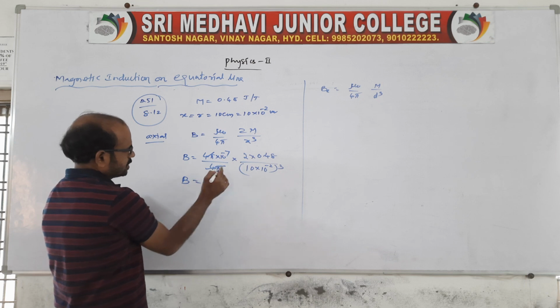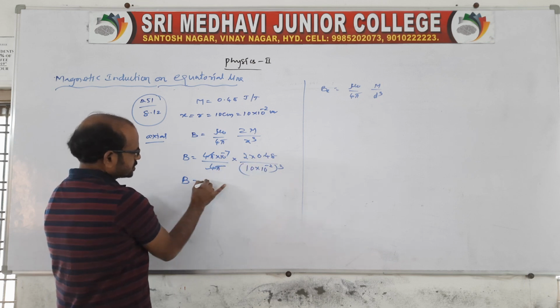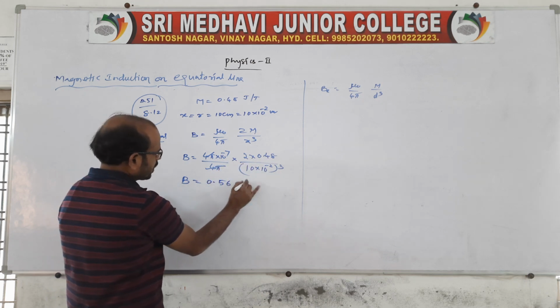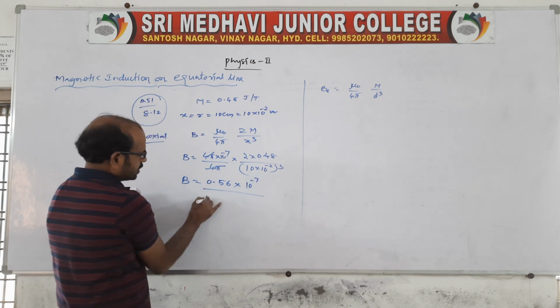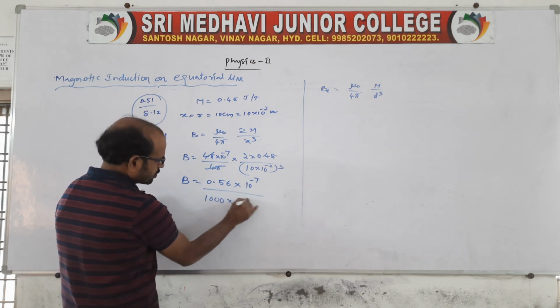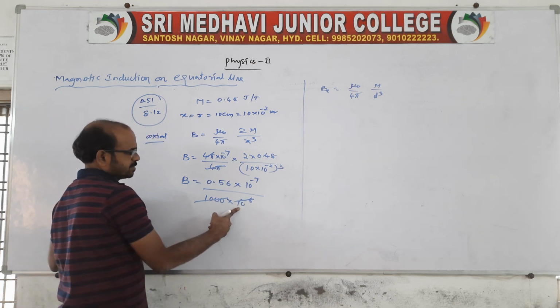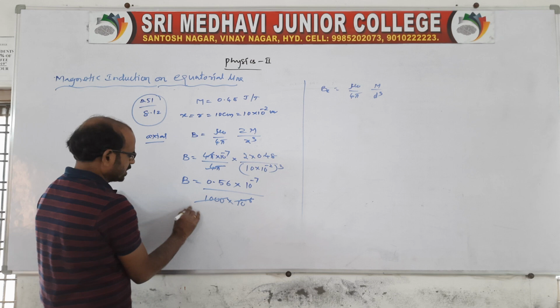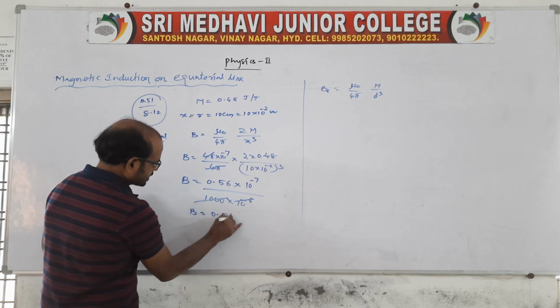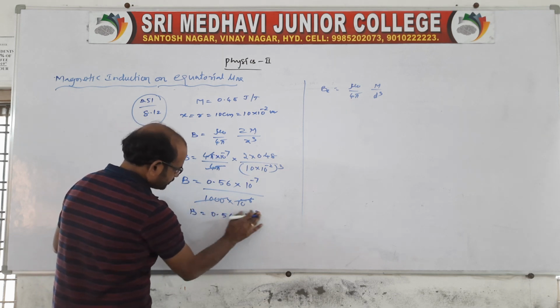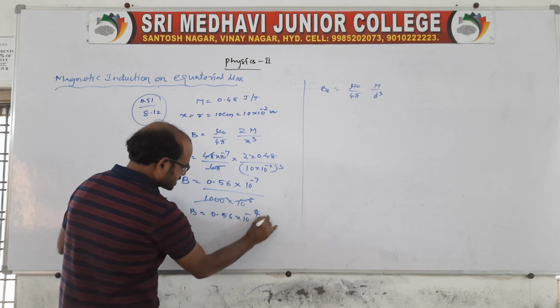It is 0.56 into 10 power minus 7 by 1000 into 10 power minus 6. Of course this is cancelled, so 10 power minus 3 remains. If you bring it up, then we get 0.56 into 10 power minus 4 Tesla.